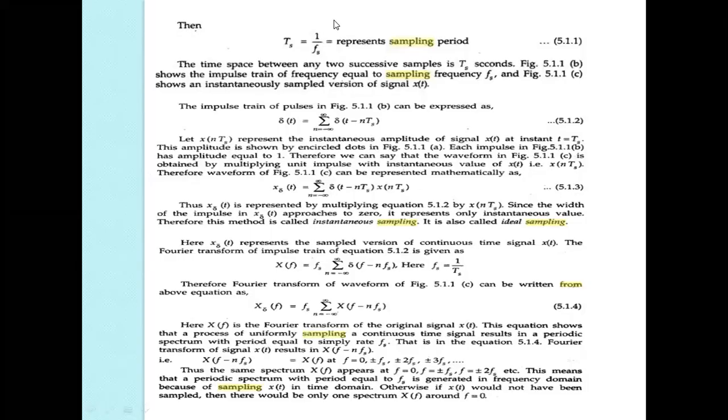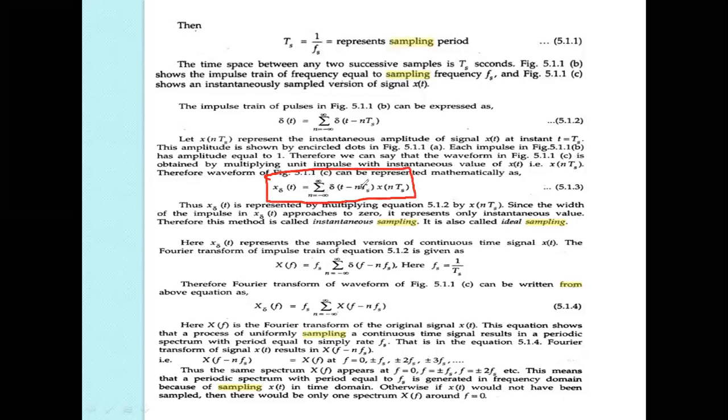By taking X delta of t is equal to the sum of n from minus infinity to infinity of delta of t minus n ts times X of n ts, apply the Fourier transformation.